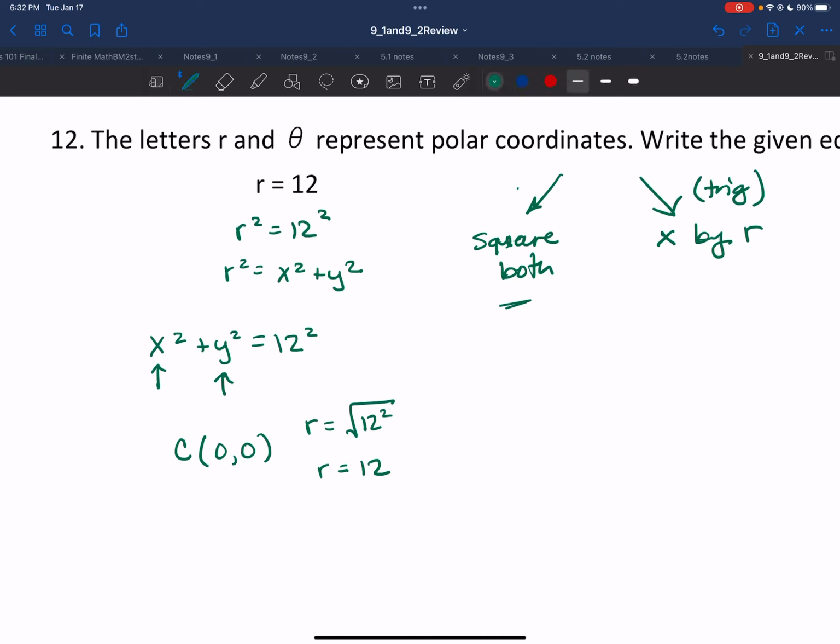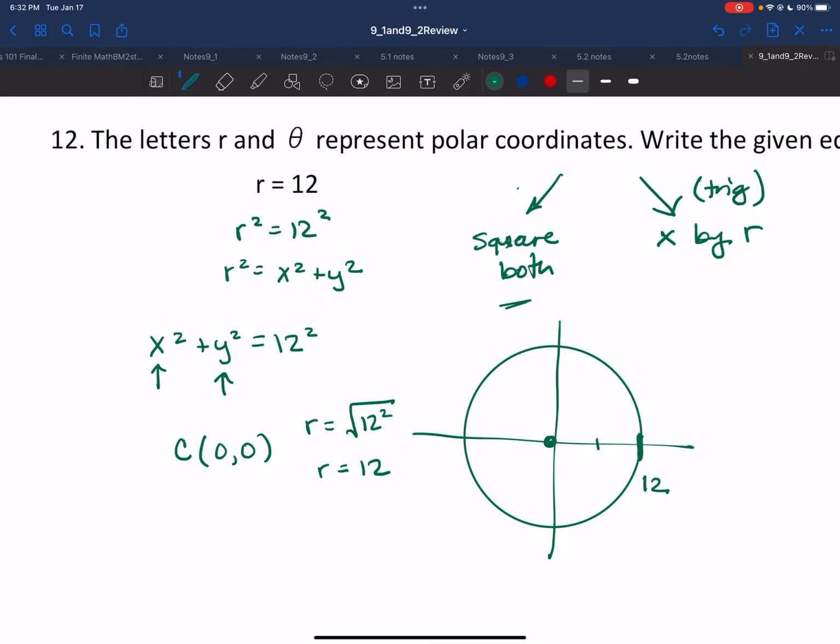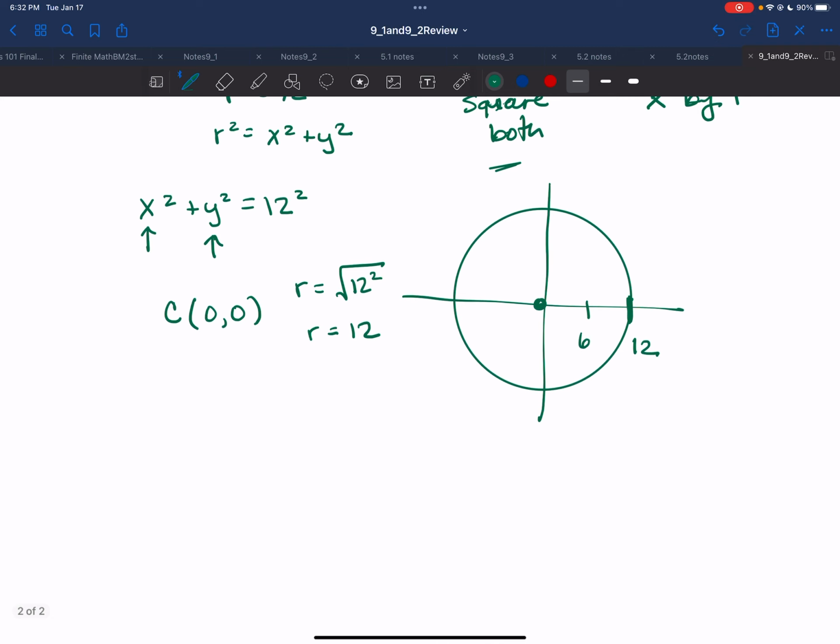That might be the way to go. So if I have a circle, there we go, right? The origin is going to be at the center of that circle, and then my radius is going to be 12. So this value is 12. Here's my 6. That might have been the way to go. Just an FYI, this is additional information, but it's good to hear.